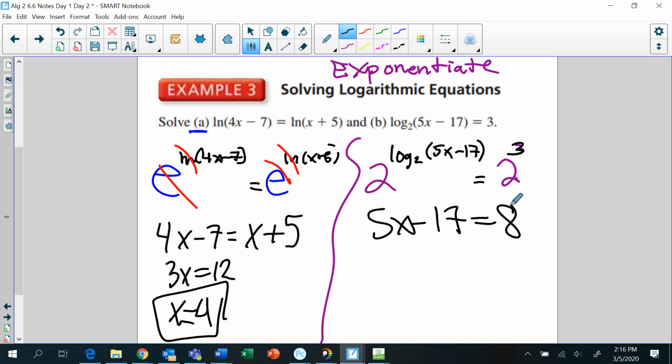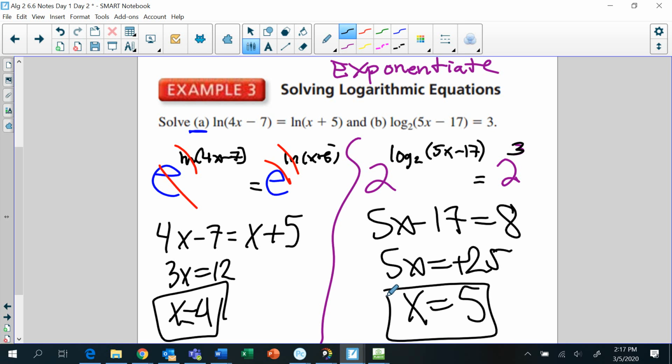And now the log's gone, so we're just solving an equation. 5x equals 25. x equals 5. Plug it back in. If I plug in 5 here, will I get a 0 or a negative number inside the log? No. Just making sure.